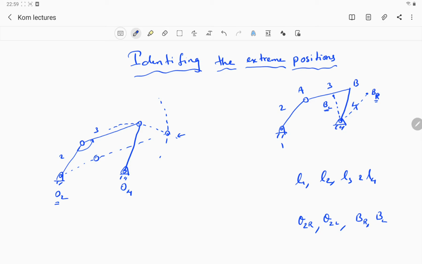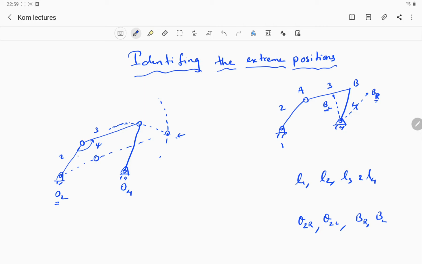Again BL is going to be on this circle, but at which point? Let's call this angle psi. That angle has to be 0 for the other extreme position.